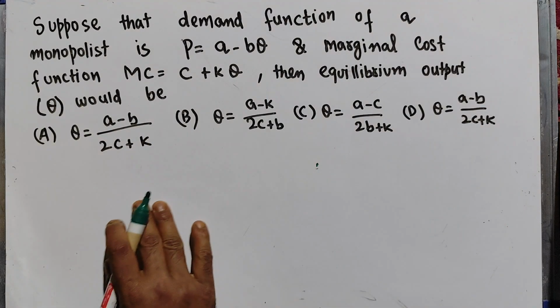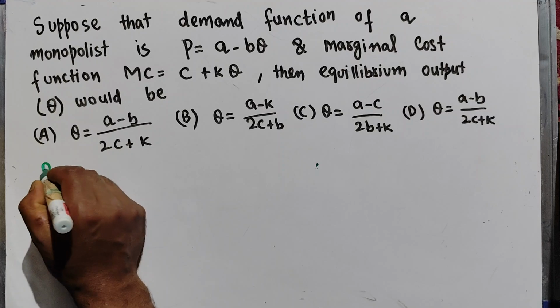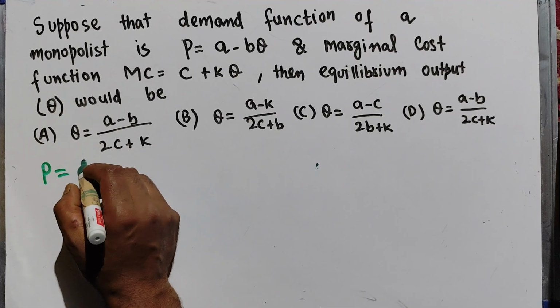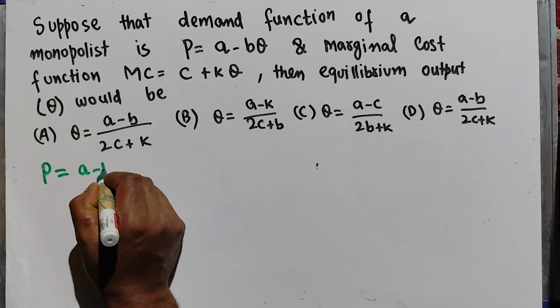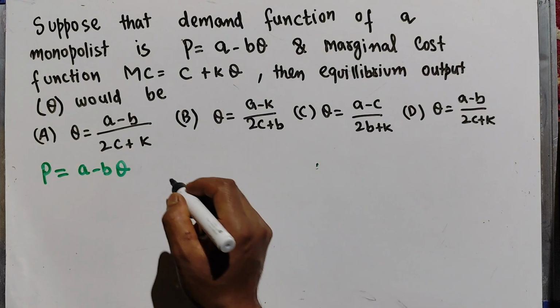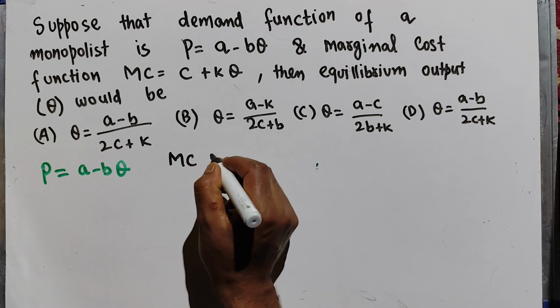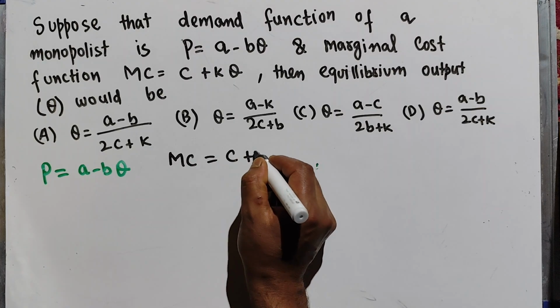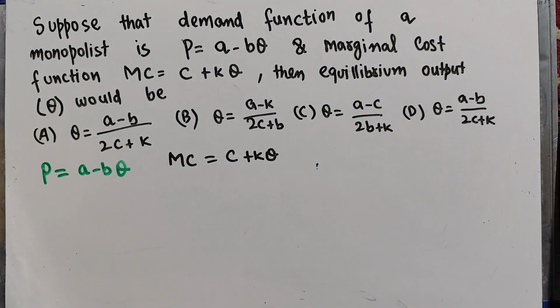Okay, so what we are being given, the inverse demand function of the monopolist is P is equal to A minus BQ. This is our inverse demand function. Also the marginal cost function is, that is marginal cost is equal to C plus KQ for the monopolist.